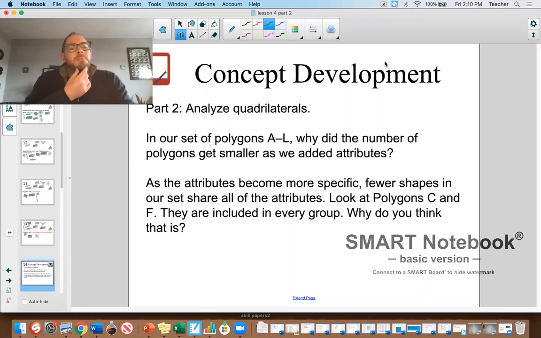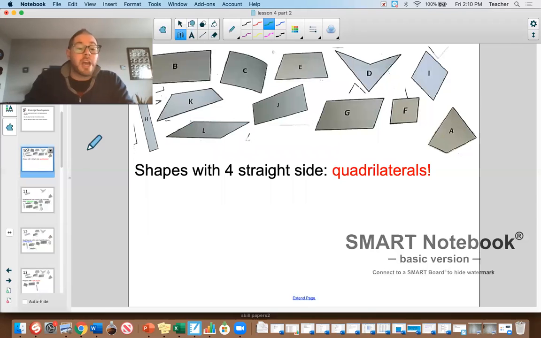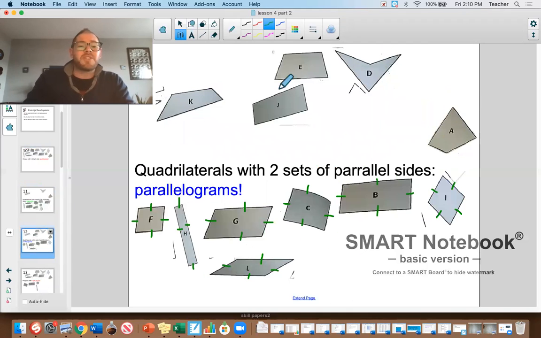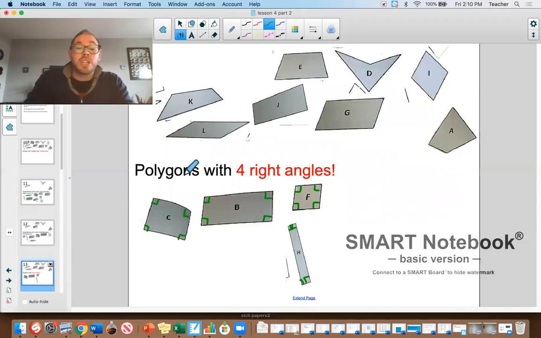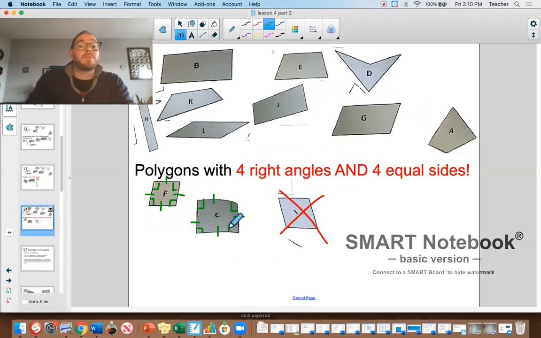Because when we started with our first group, we started with all our shapes, and as we went through our list, we started leaving out some shapes. And then we left out even more shapes. And then we left out even more shapes. And in the end, we only had 2 shapes left with all our attributes. So why do you think that happened?